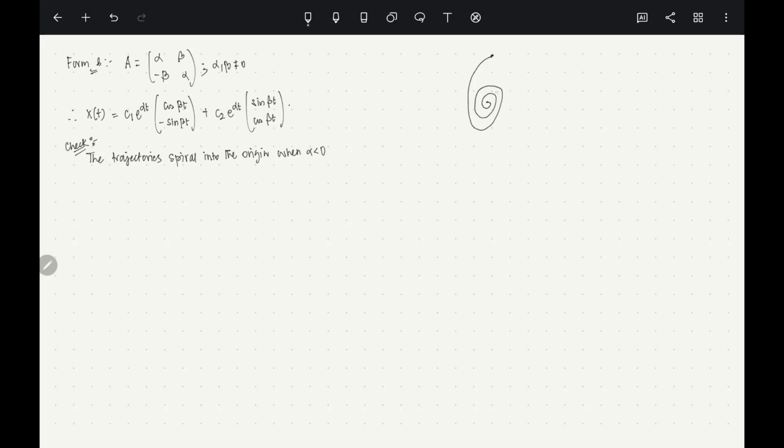Since alpha is negative, e power alpha t at minus infinity is infinity, so it is coming from somewhere far away. How it comes towards the origin we will discuss later, but for now you understand it is coming from infinity, like a spring, going towards the origin like this.